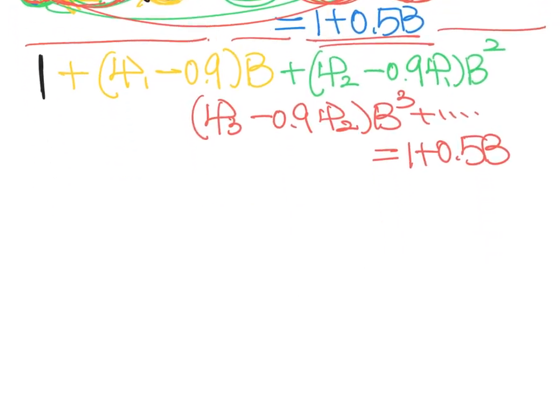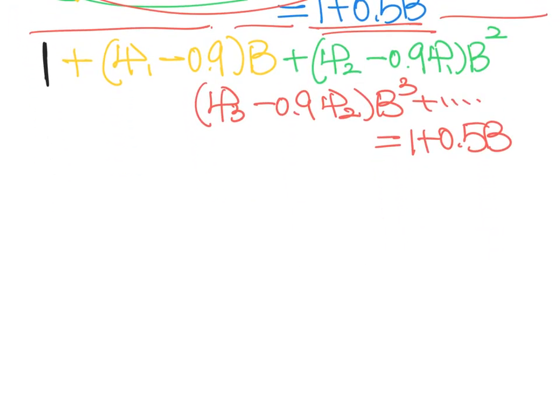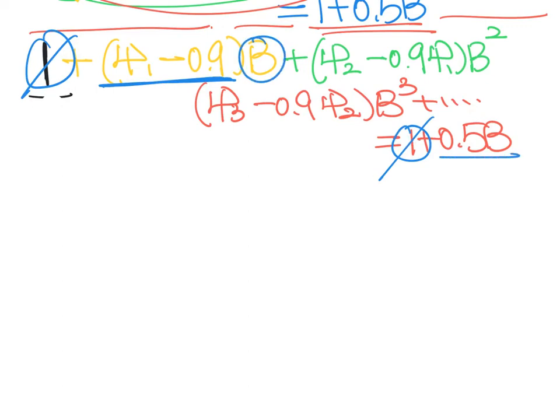So now, let me see. Okay, let me take 1. Okay, 1 here. Here is a 1, and there is a 1. Let's cancel out. And here's phi 1 minus 0.9 times B, and there is a 0.5B.